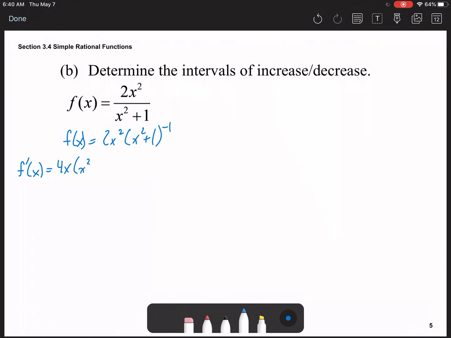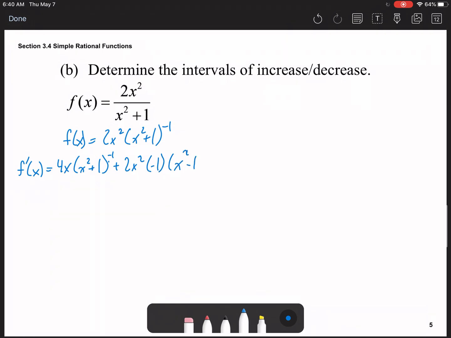Leave the second one alone. Leave the first one alone this time. And now I got to find the derivative of the second one, which requires chain rule. So x squared, I can bring the negative 1 down, it becomes x squared plus 1 to the exponent -2, and now I got to find the derivative of what's inside, which is 2x.